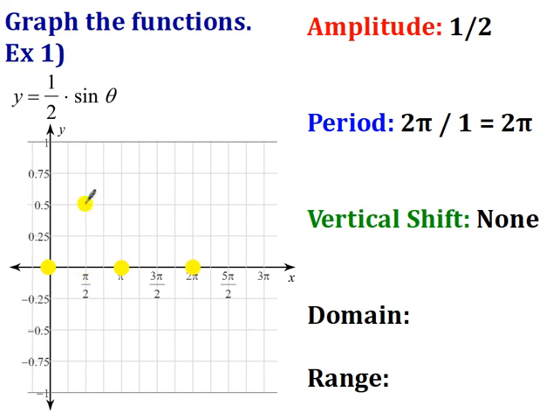So from here, halfway in between there, we can go up to your amplitude, and that is what we call our crest or our peak. And then halfway in between this last part is going to be our trough. And now we can kind of see that curved line. So we would have something like this.